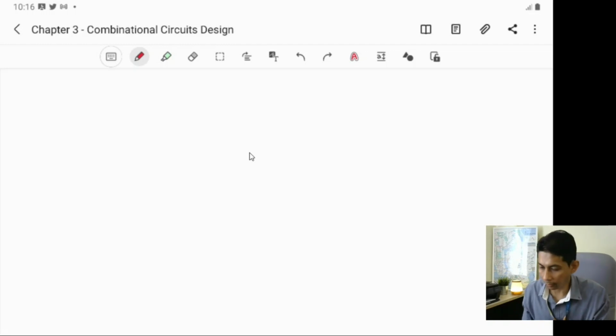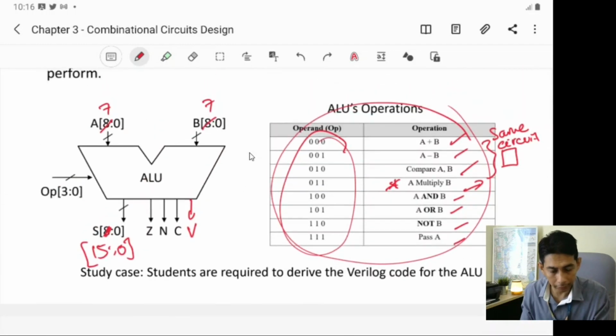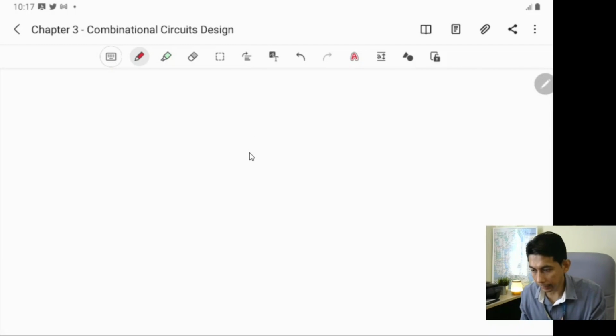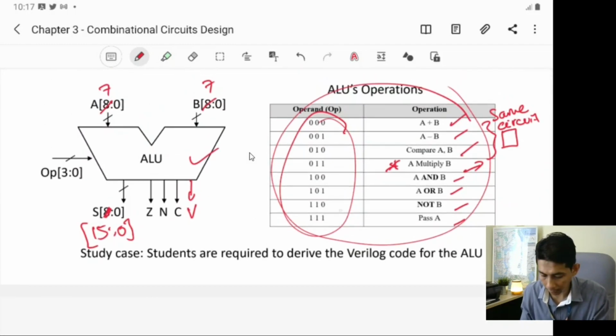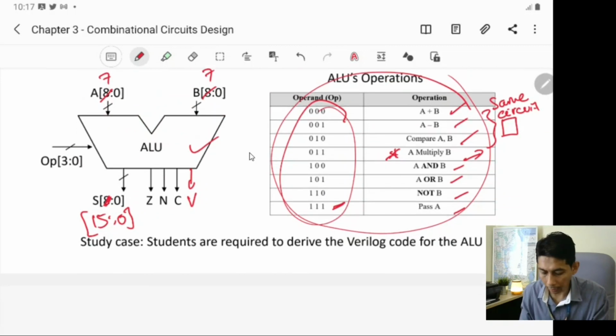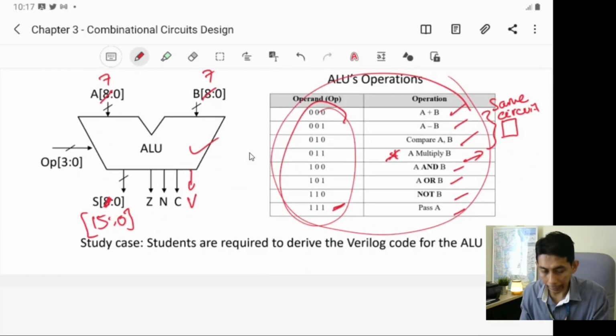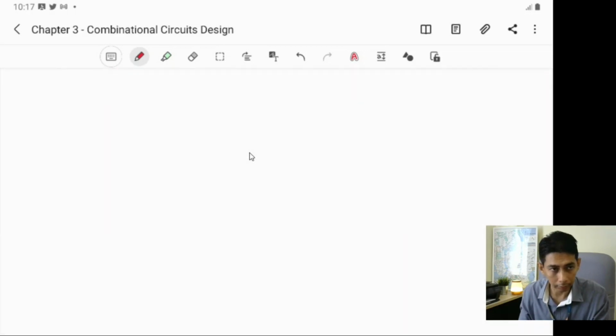This is extra from the notes, because here you don't have the design but only the symbol. So now we want to design the ALU. To have this, you can use a multiplexer. So what is the multiplexer? It should be an 8 to 1 multiplexer. All right, so you can have something like this.